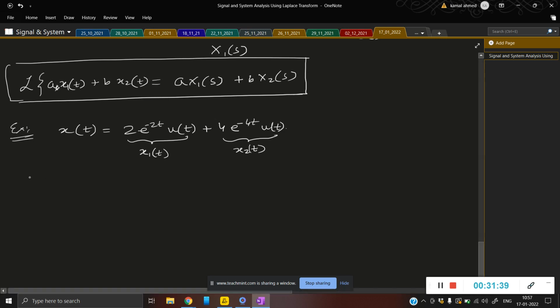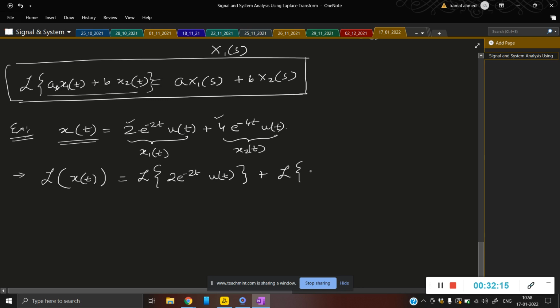Now this is nothing but this part x1(t), x2(t), and this is a and b. So I can say L of x(t) is equal to the individual Laplace transforms, that is L of 2 e to the power minus 2t u(t) plus L of 4 e to the power minus 4t u(t).